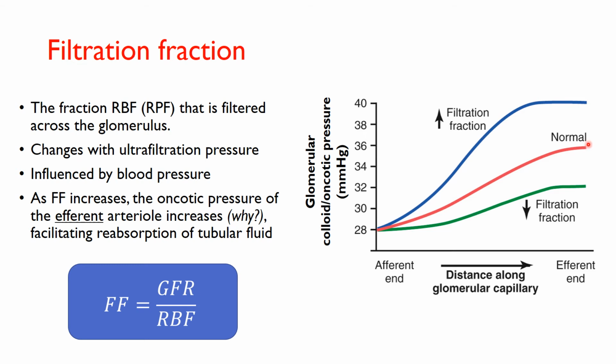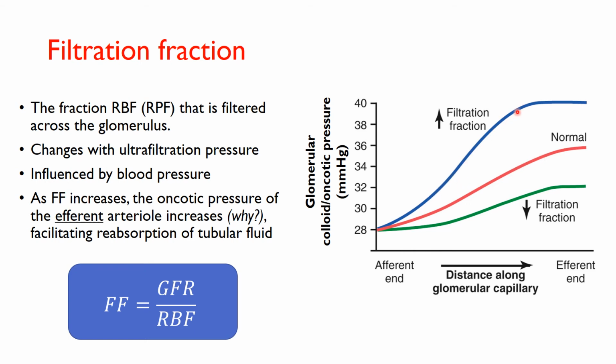So now let's think about this. If you were to increase filtration fraction, you're increasing the amount of fluid filtering at the glomerular capillaries, then that is going to have kind of a trickle-down effect, a secondary effect on oncotic pressure, because this middle line is representing normal fluid leaving and getting filtered.